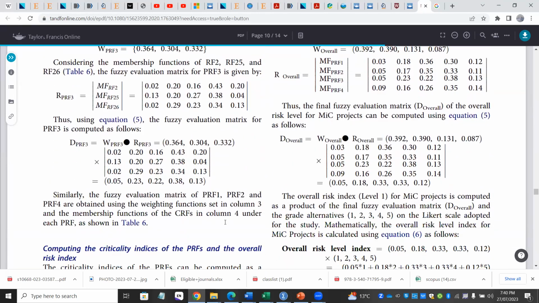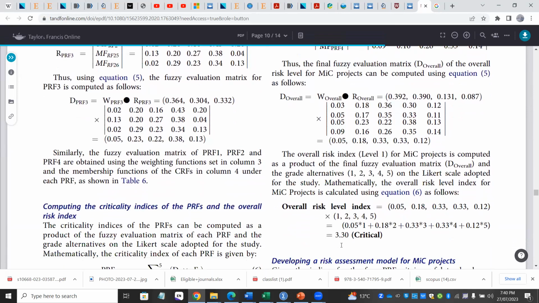Then the overall. So the overall risk level is what we have also determined, which I showed to you, where you end up determining the first level. Then you multiply it by the grade alternatives, which in this case are the linguistic values that you assign to the grades, which you have to determine, because even though it's 1 to 5 according to the Likert scale, somebody may set something else, say 1 to 7 or 1 to 9.